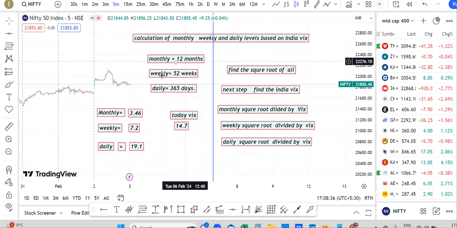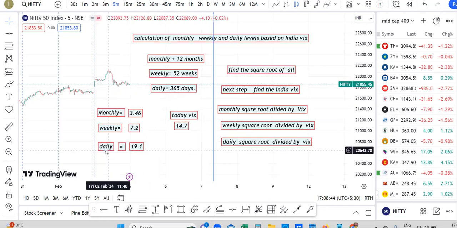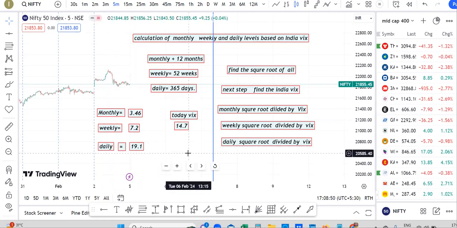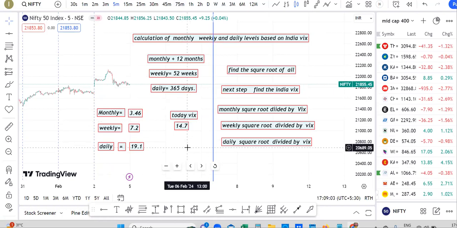So square root of 12 will come to 3.46 and square root of 52 will come to 7.2 and daily square root of 365 will come to 19.1. What is the VIX? We are going to go there in Google. We'll search for the Nifty VIX. We are getting 14.7 as the India VIX.